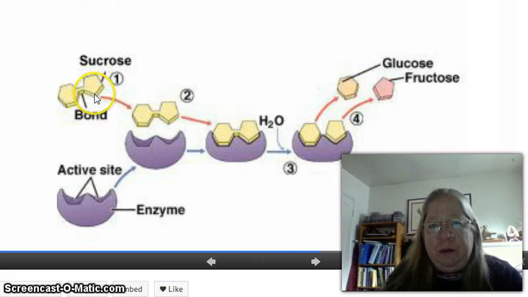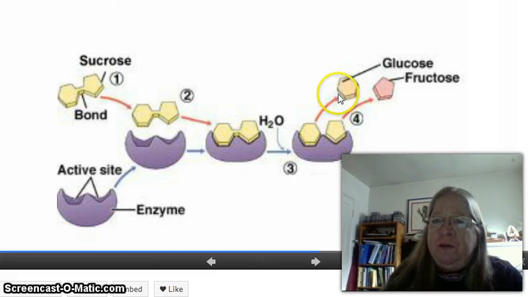In this case, it's sucrose. It only does one job its whole enzyme life. It only does one job over and over and over again. In this case, you can see that the sucrose molecule attaches to the enzyme. Hydrolysis occurs, and this sucrose molecule is broken down into the individual units of glucose and fructose.